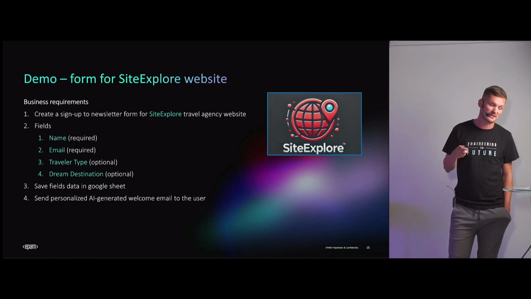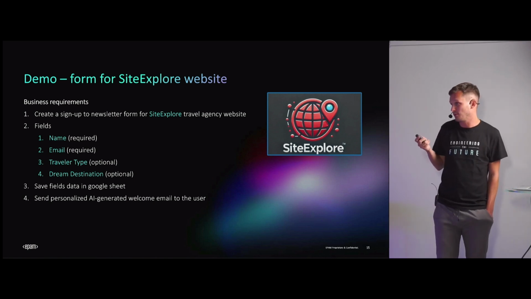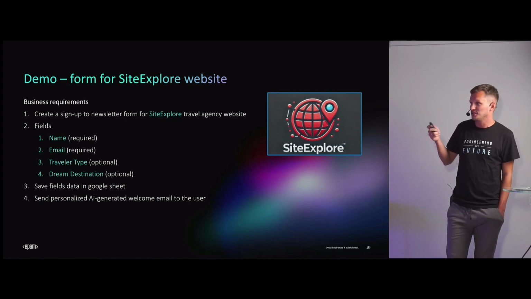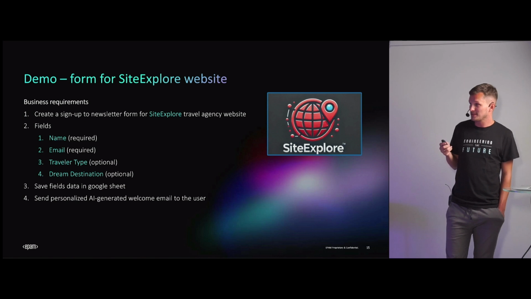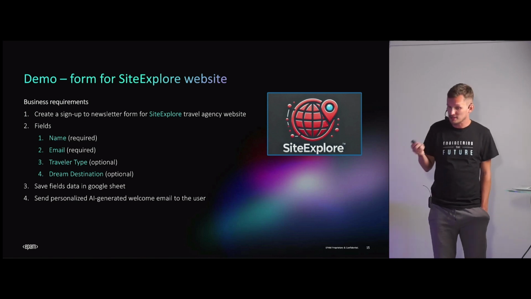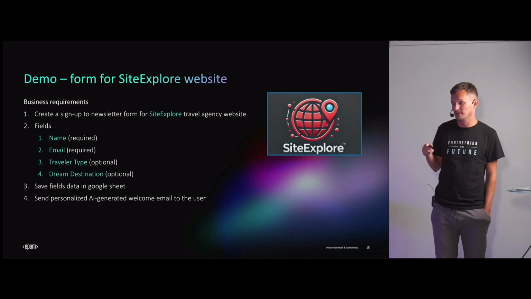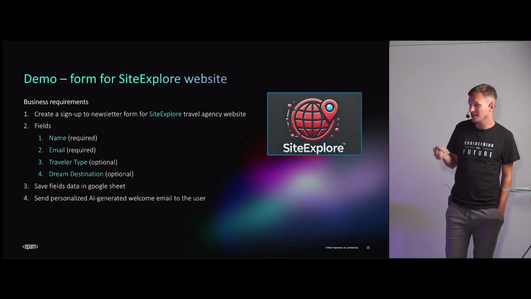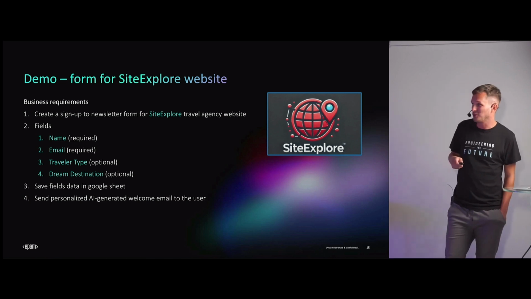We're going to add some conditional logic here, so that only once the traveler type is selected, the dream destination will show up to the user. Then after the submission, we're going to perform some actions that we'll define in Sitecore Connect. We're going to save the form submission data into a Google Sheet, and then send a personalized ChatGPT-generated welcome email to the user.